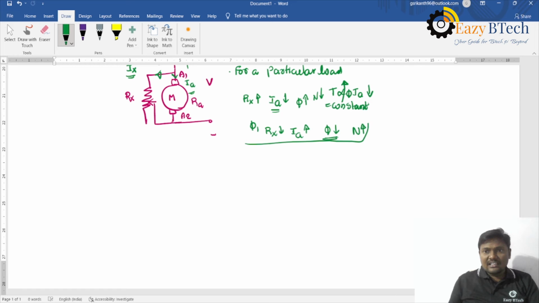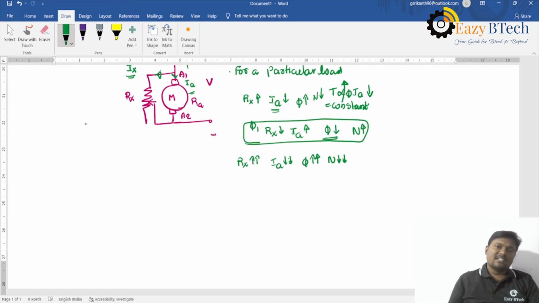But we are adding an external resistance, right? The Rx is added. The Rx value further increases, Ia further decreases, the flux further increases, and the speed decreases.